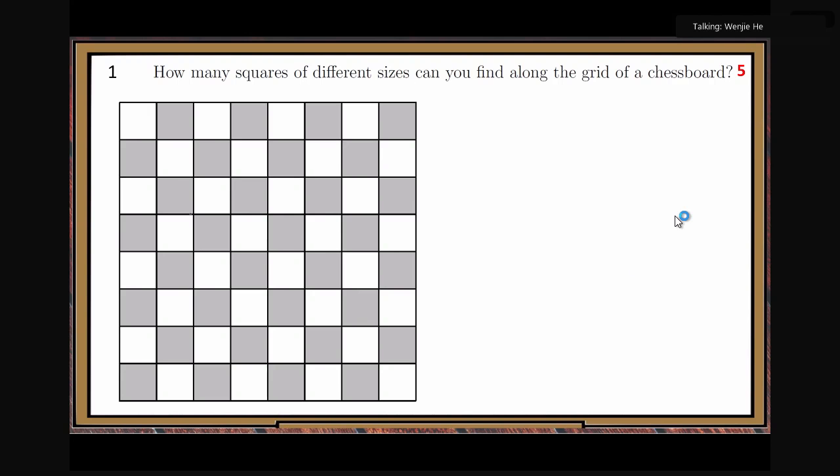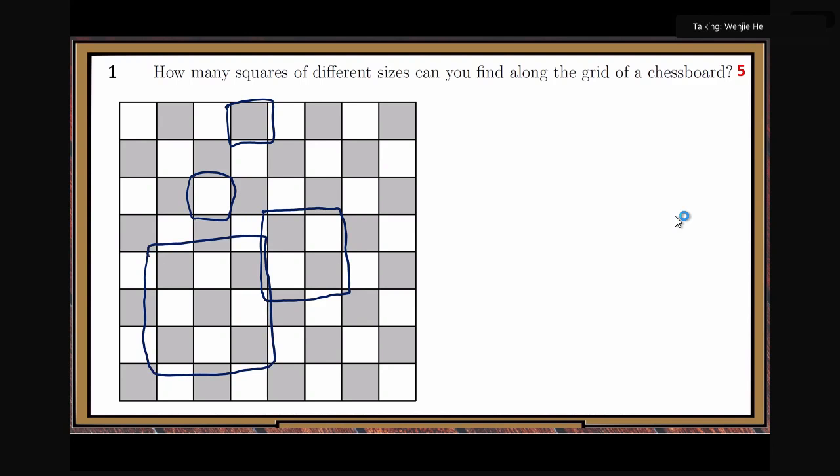Along the grid lines, there are also 2 by 2 squares, and this is also a valid square, 3 by 3.